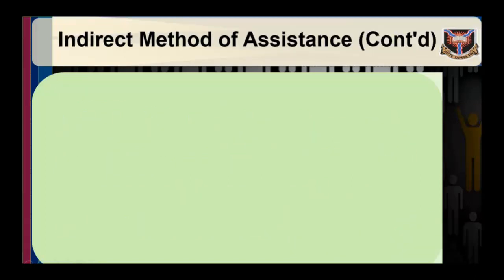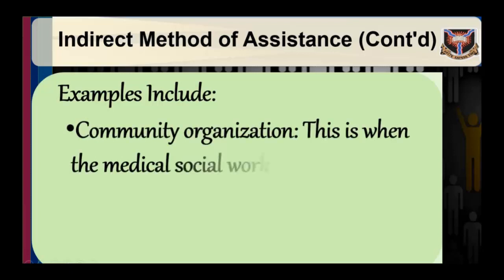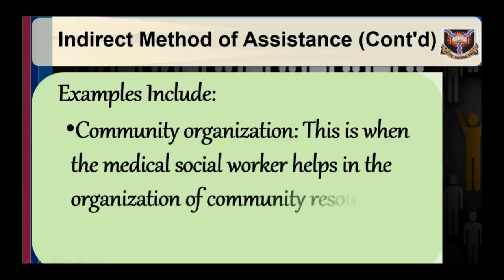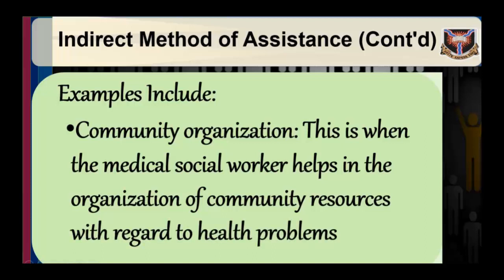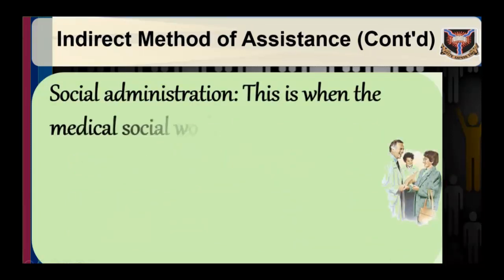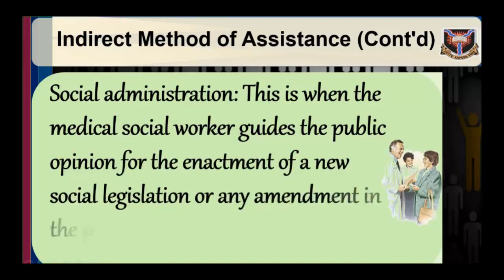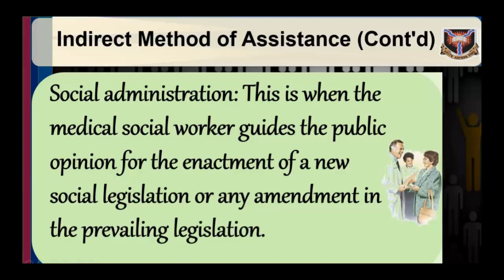A. Community organization. This is when the medical social worker helps in the organization of community resources with regard to health programs. Social administration. This is when the medical social worker guides public opinion for the enactment of a new social legislation or any amendment in the prevailing legislation.